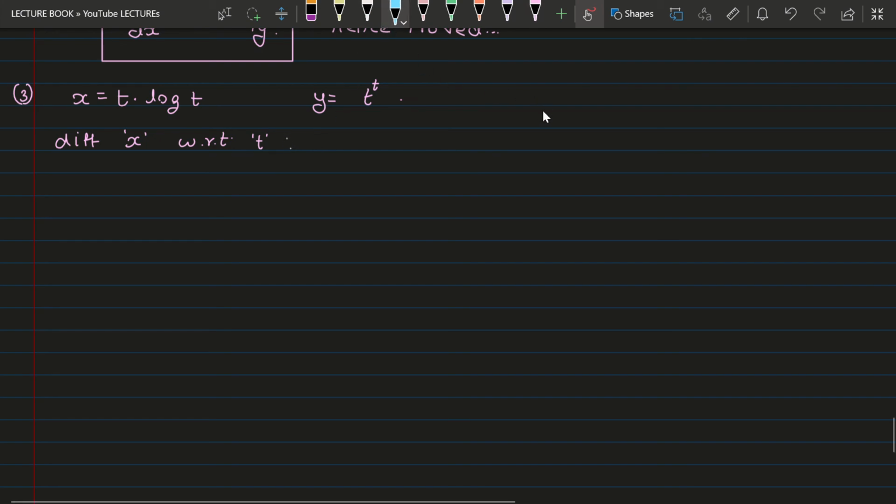Let me write it for you. I have to prove that dy by dx minus y is equal to 0. So derivative of x, when we are finding, we have to consider this is u and this is v.